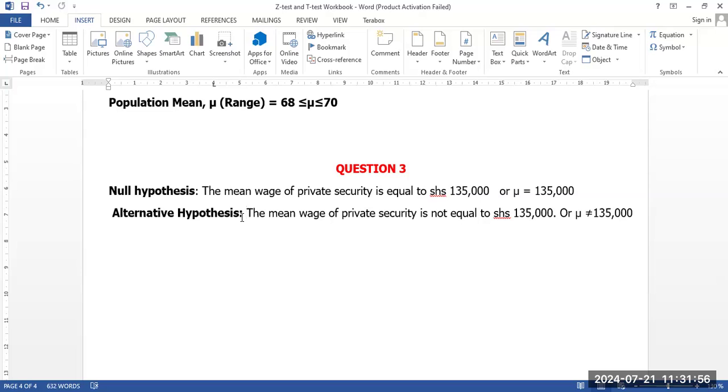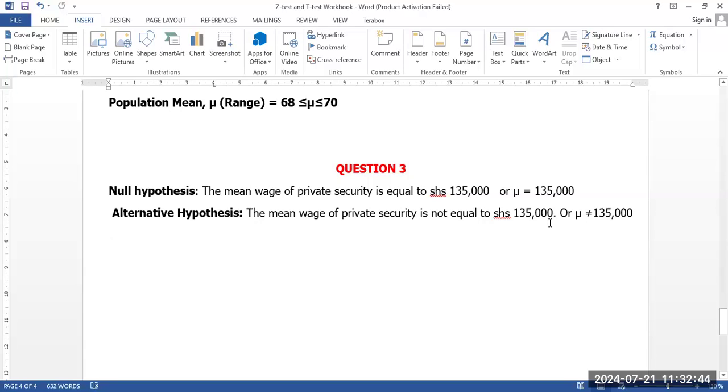But if we knew the side, let's say this manager said he believes that the mean wage of private security is less or equal to 135,000, then we could put less or equal to this, and the alternative would be to say the mean wage of a private security guard is greater than 135,000.